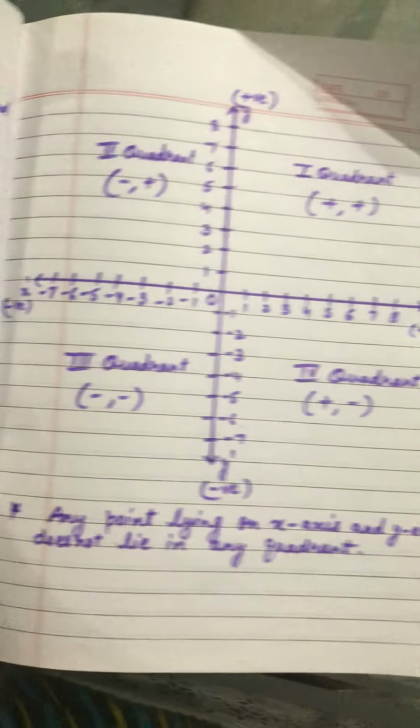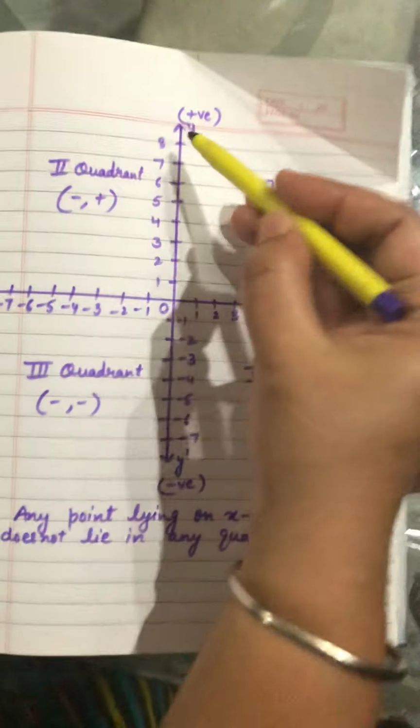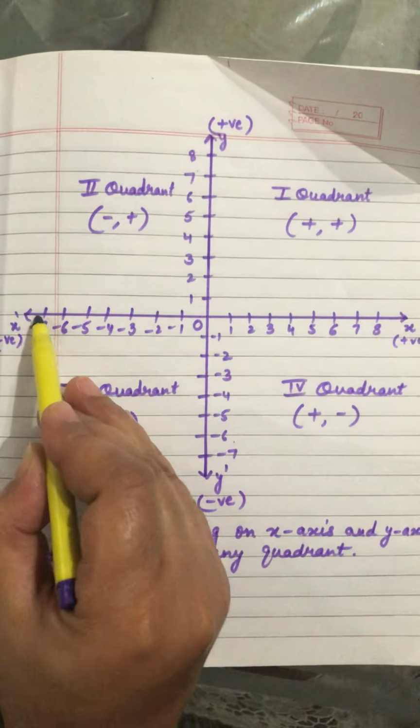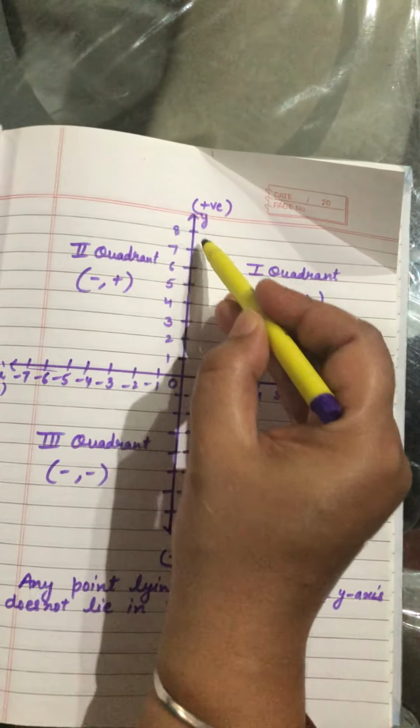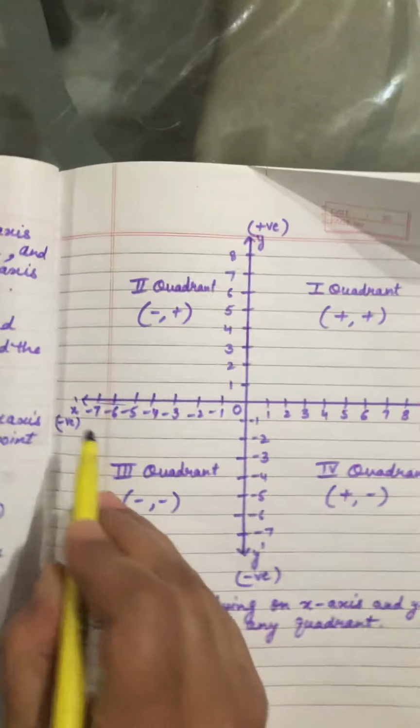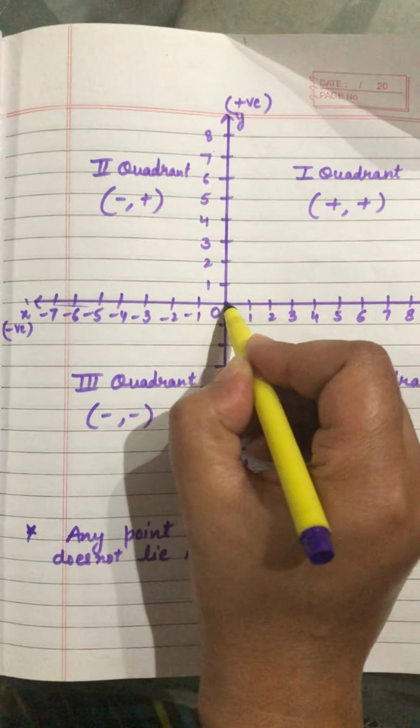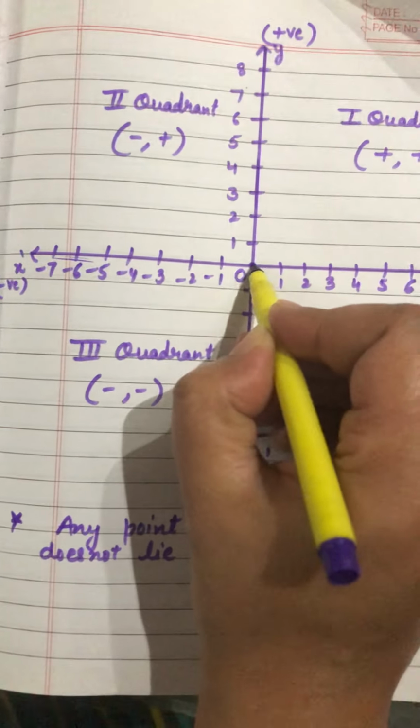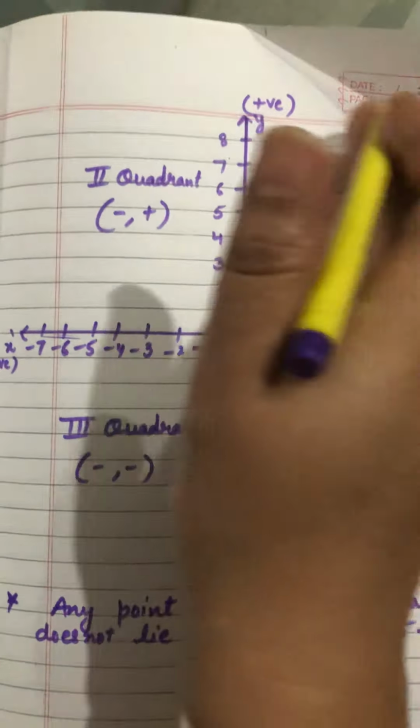You can see this figure. This is the horizontal line and this is the vertical line. Where both lines meet, that point is called the origin, and this plane is called the Cartesian plane.